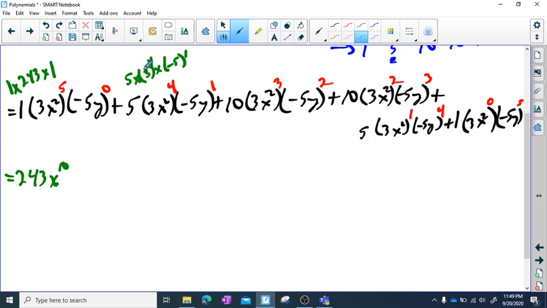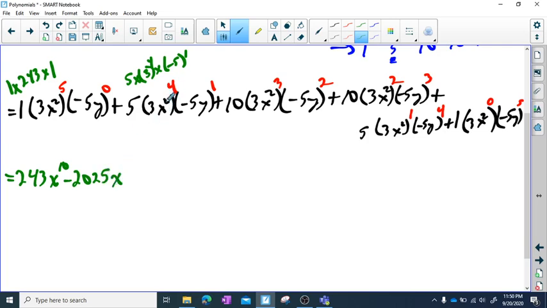This would be positive 81 times 5, so 81 times 5. Multiply that then by negative 5. And that's going to give me, 81 times 5 equals, and then times that by negative 5. Negative 2025 is my second term.